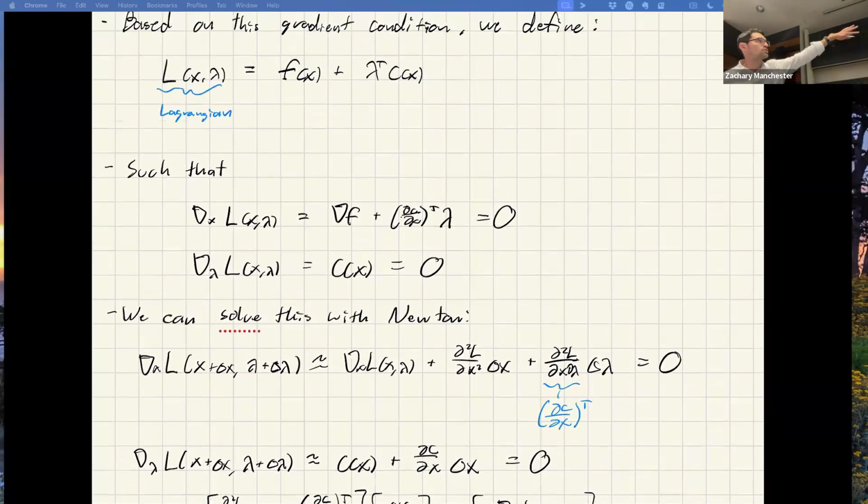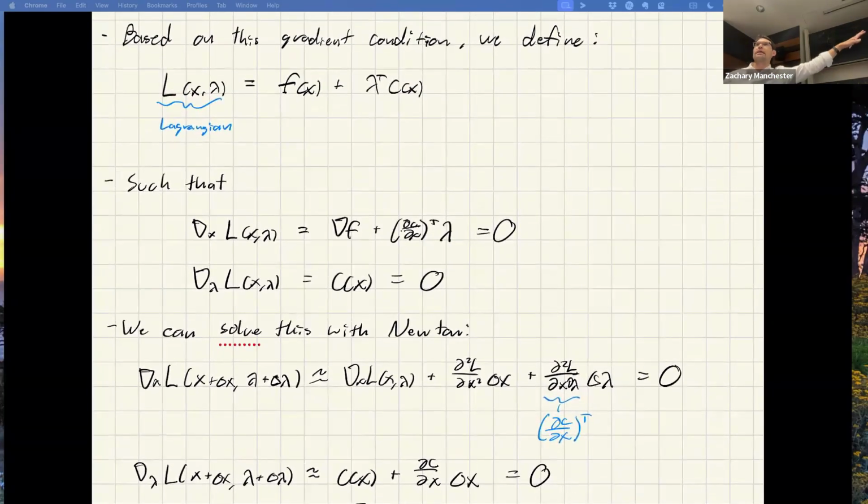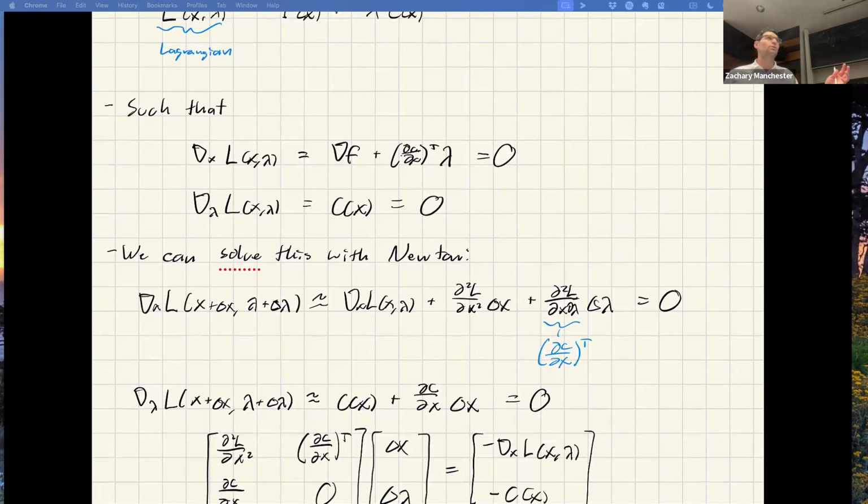The reason is that these conditions I just wrote down, this Lagrangian gradient equals 0 thing, for inequalities, the similar conditions for the inequality case, which we're going to talk about in a minute, are called the KKT conditions, Karush-Kuhn-Tucker conditions. For just equalities, technically they're not KKT conditions, but people, for abuse of notation or whatever, still refer to them that way. Pretty much people refer to any first order necessary conditions for an optimization problem as KKT conditions, I would say in general. And so that's kind of where the name comes from.